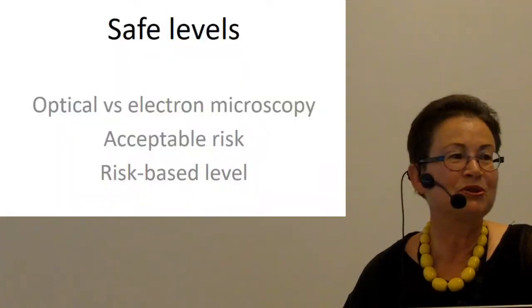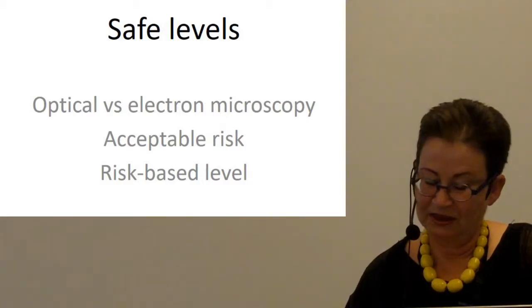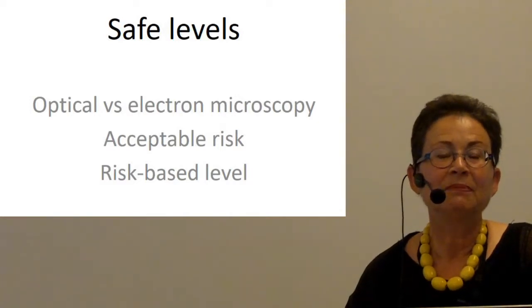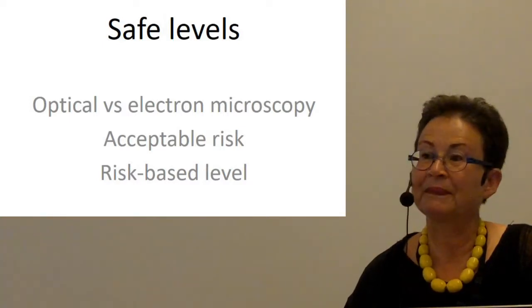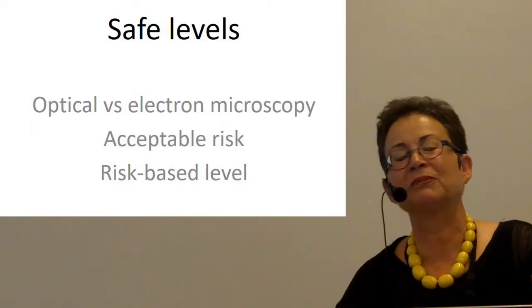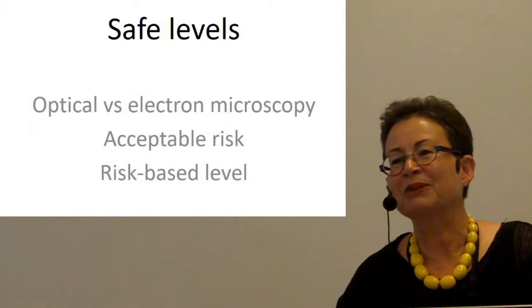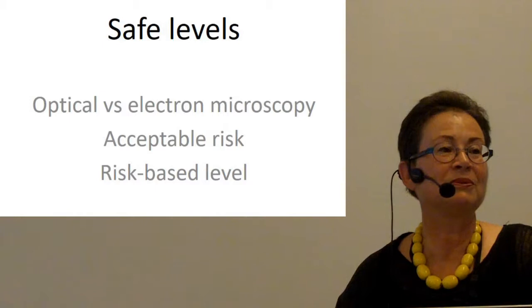And safe levels then. What is a safe level for exposure to these fibers? Well, one thing is how do we assess the exposure? And one debate which is running is if it should be with optical microscopy or with electron microscopy. The reason that people are arguing in favor of electron microscopy is that the thin fibers are considered to be the most carcinogenic ones.